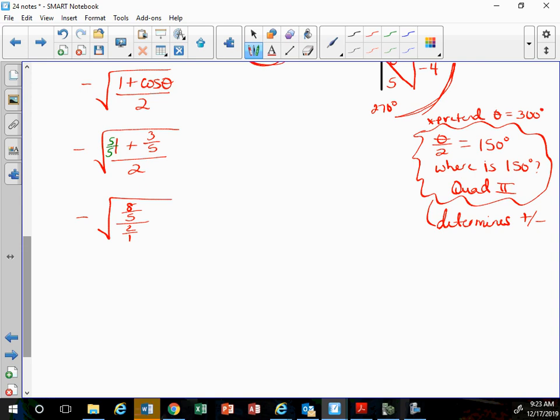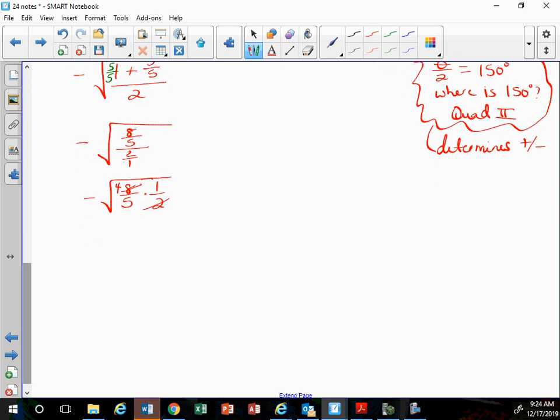Yes, because otherwise you're going to forget and not have your negative. All right, so dividing by a fraction means 8 over 5 times 1 over 2. Before I multiply, could I simplify this? Yeah, how many times does 2 go into 8? 4. Okay, we're almost there. Negative.